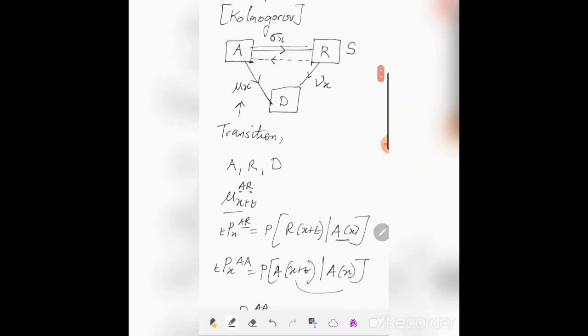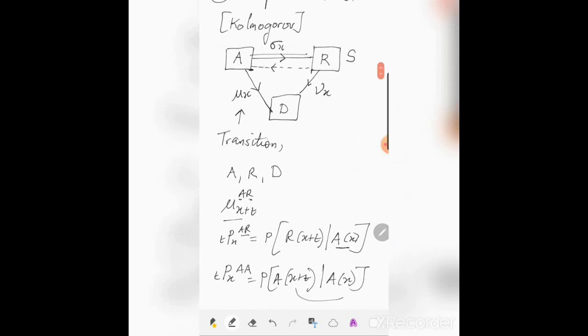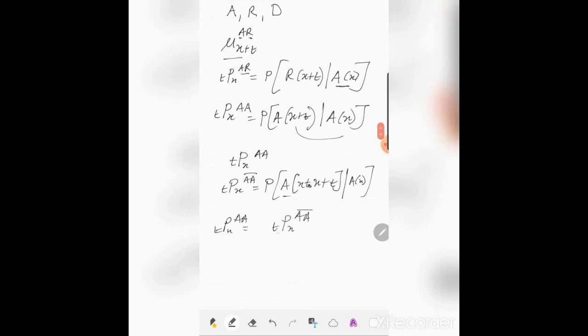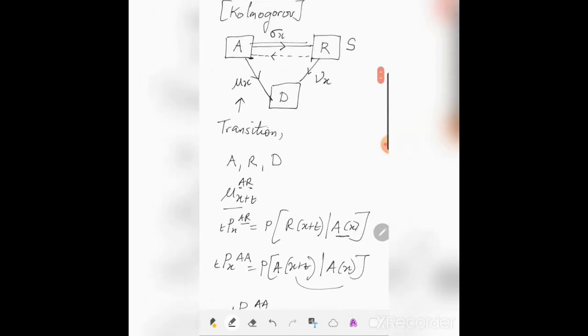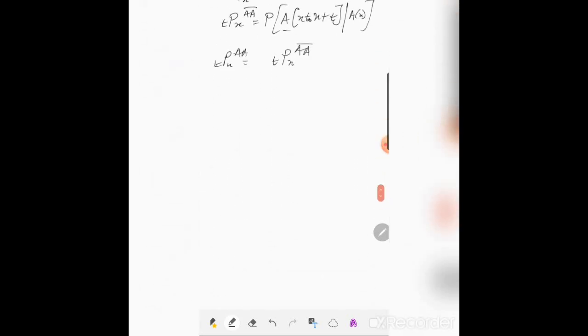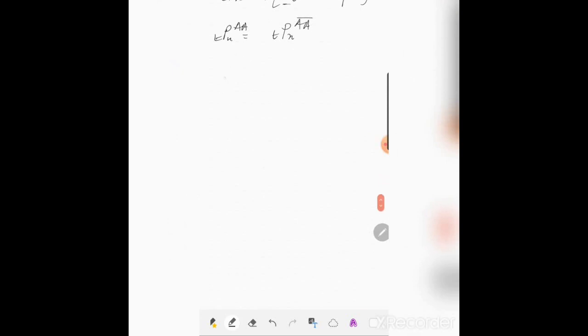For this kind of model, tPx AA is the same as tPx AA bar, because once I leave state A, there is no way I can come back to state A again. But in some cases, probably if you look at this model, let's say active, sickness and death.